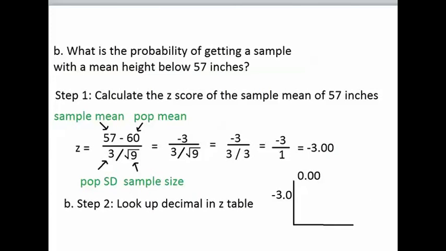And then you just look at where the row and column meet up with each other, and then you get your answer. So this number right here is the probability of us getting a sample mean below 57. We finished the question.